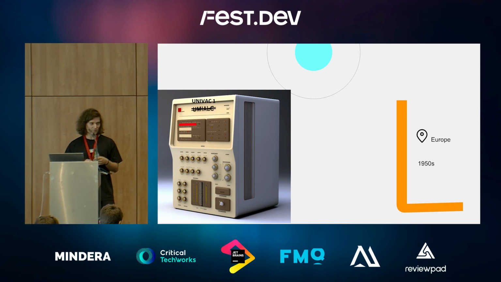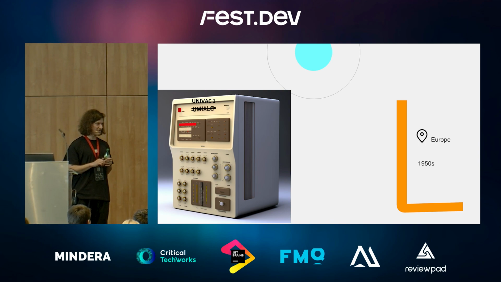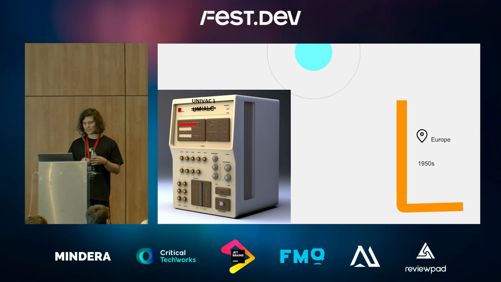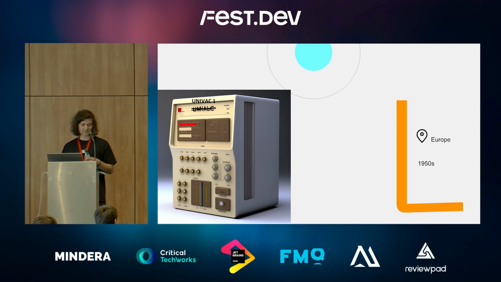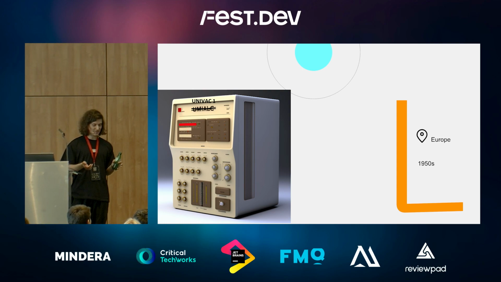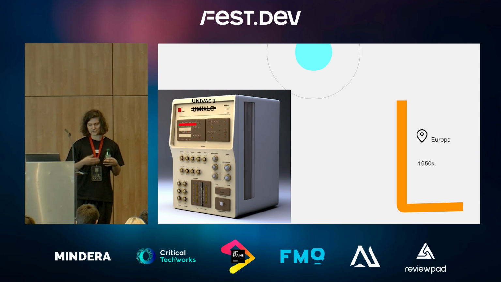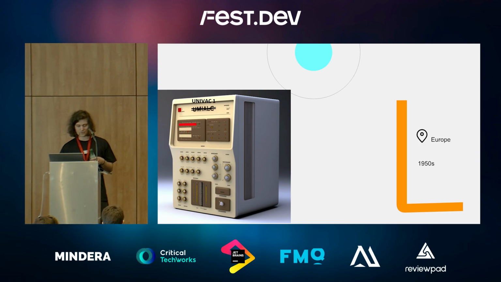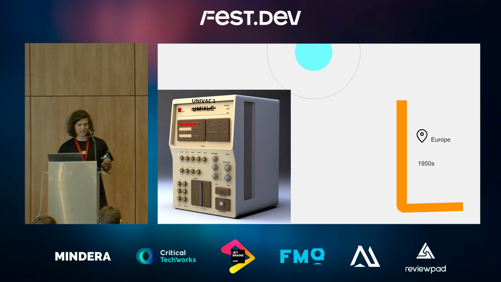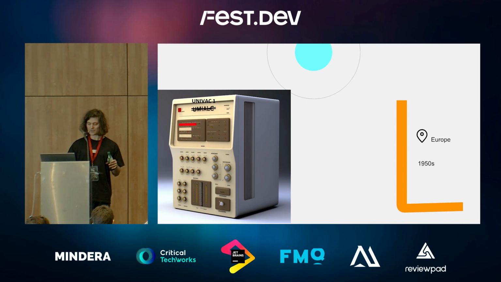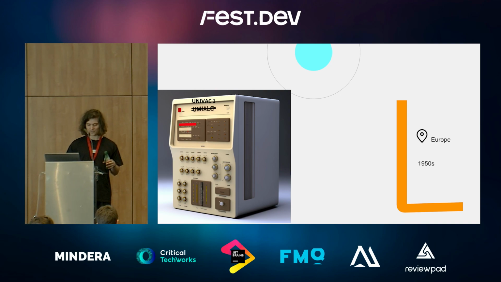For example, with Univac, which was created in 1956, people stopped writing assembly code, which was really hard to do, and started to write some math operations, which were compiled to assembly code. So we won another part of time and another experience for some people.